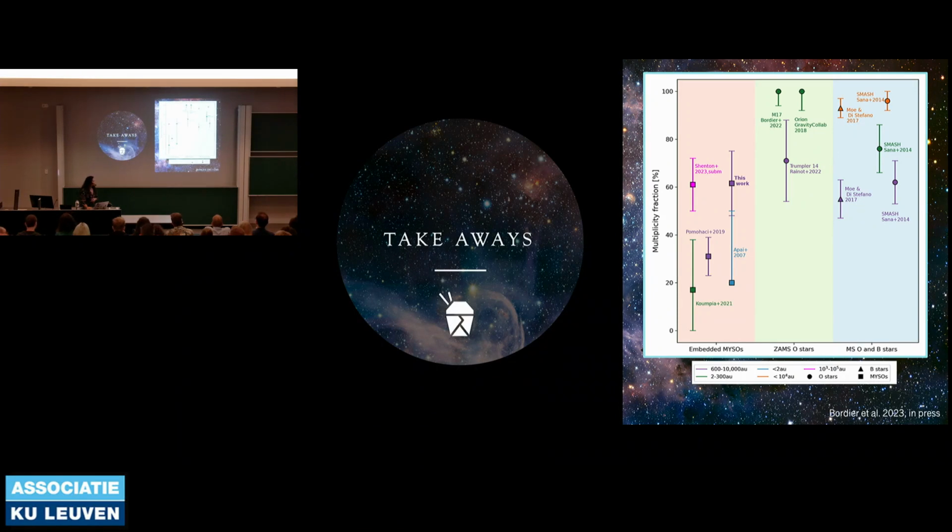And I think the final plot I would like to show you is this one. This only focuses on massive stars, and we show the evolution of the multiplicity fraction as a function of the evolution of the star.